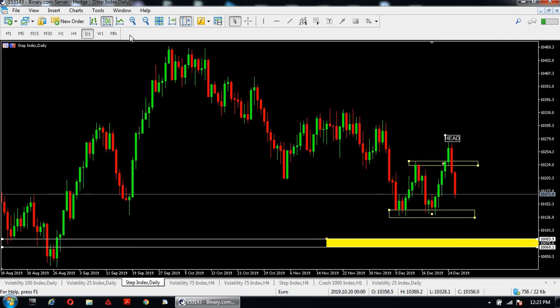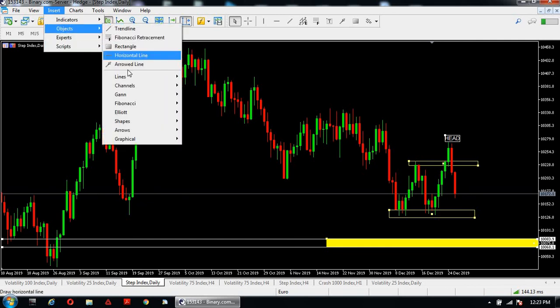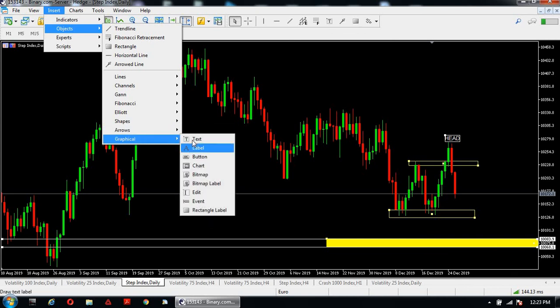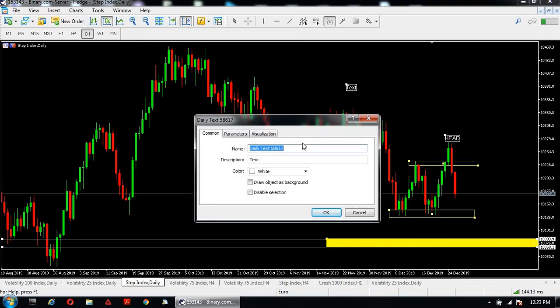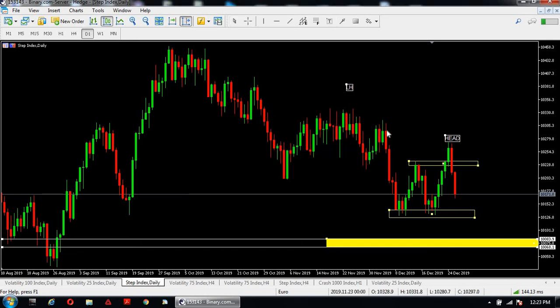We've got the left shoulder already. So yeah, this is our left shoulder.